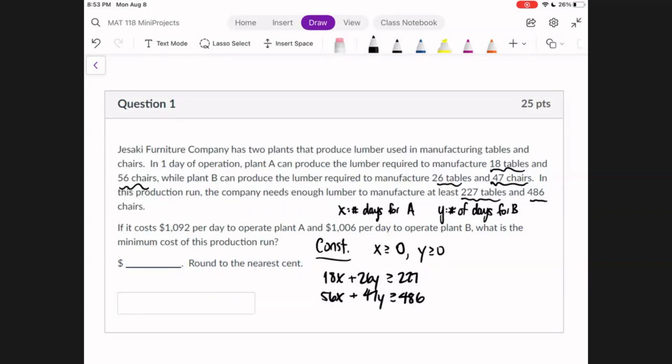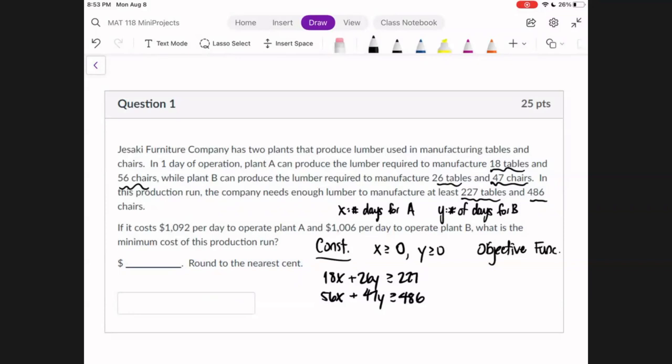And then it says the cost. Remember, this is your objective function. Your objective function is where you're trying to get a min or max of something, and we want the minimum cost here. So we get all our points that intersect our constraints, our shaded area, and then our objective.